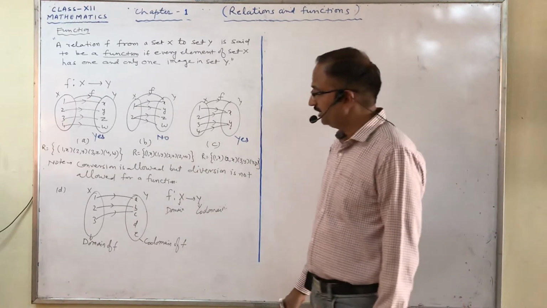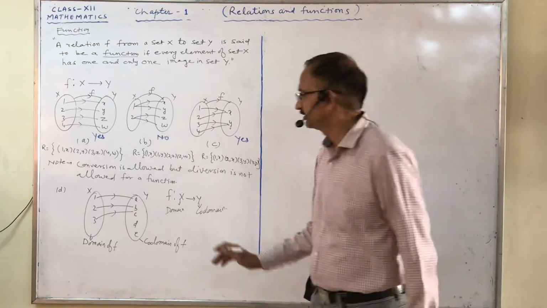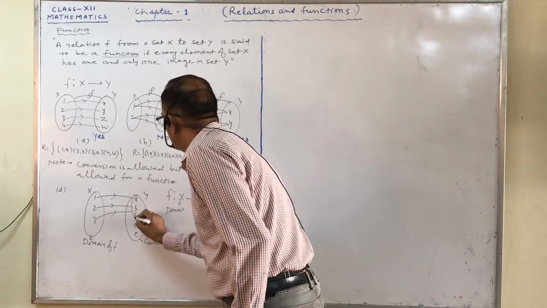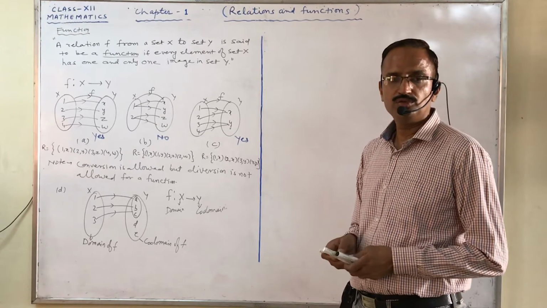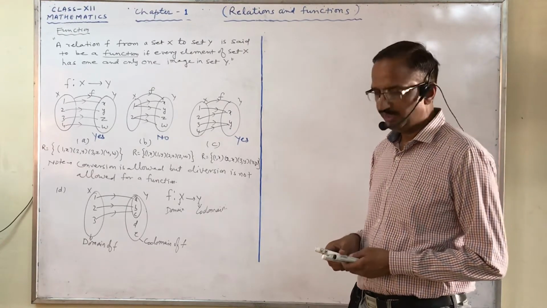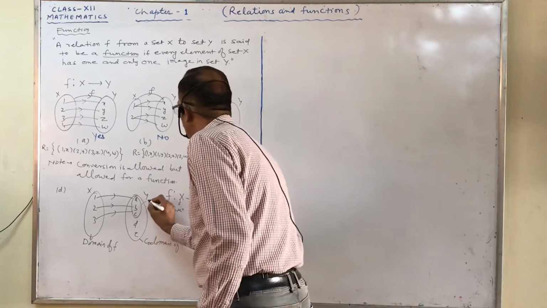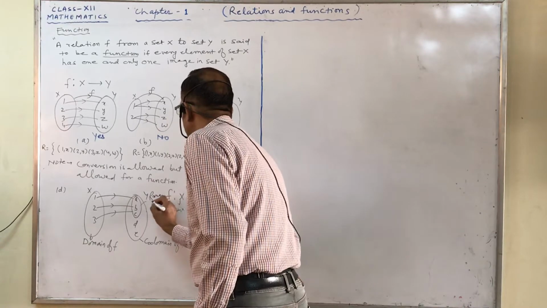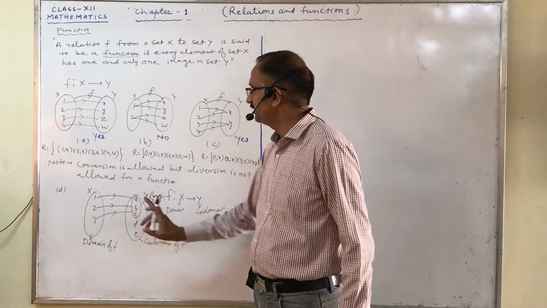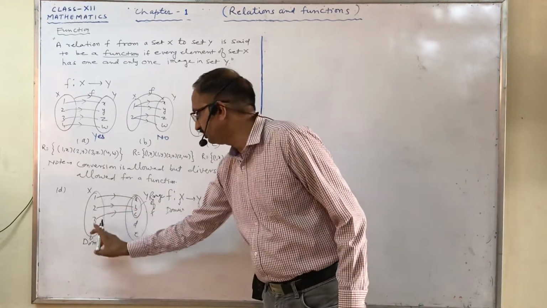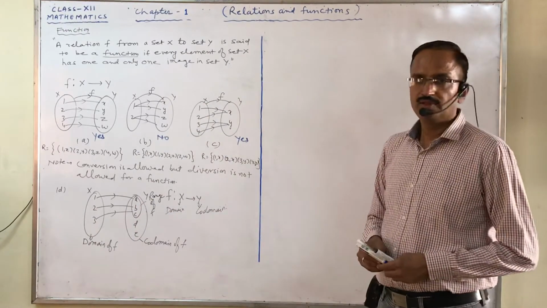Now, the elements of Y which are related to the elements of X, means only A, B and C, form a new set that is called the range of F. So these three form the range of F. So the range of F is A, B, C, the domain of F is 1, 2, 3, and the codomain of F is A, B, C, D, E. Okay, children?